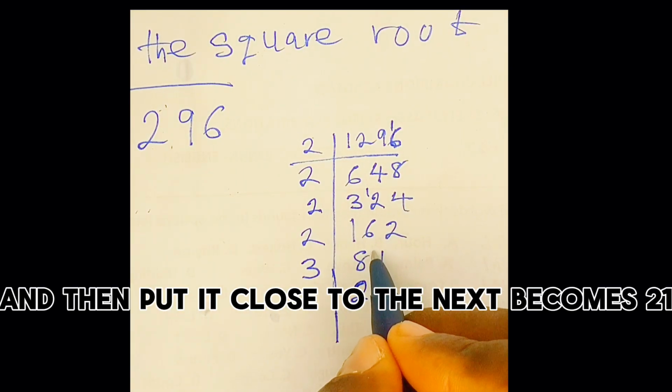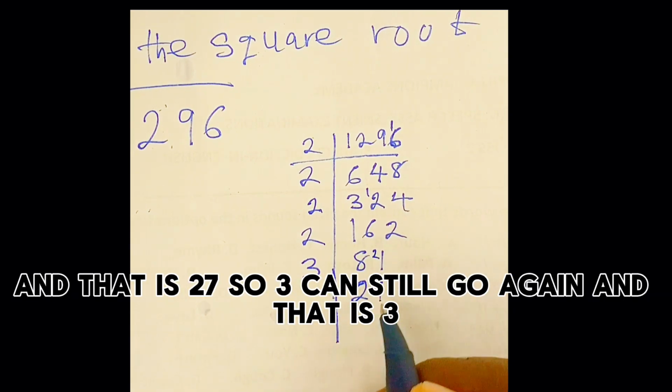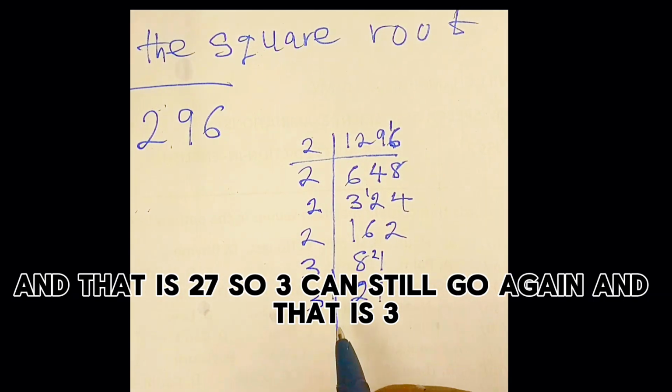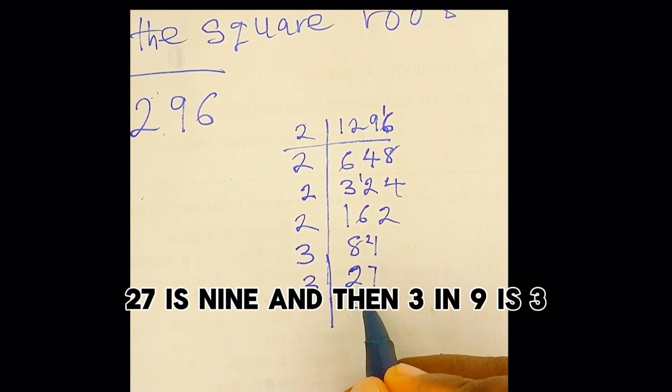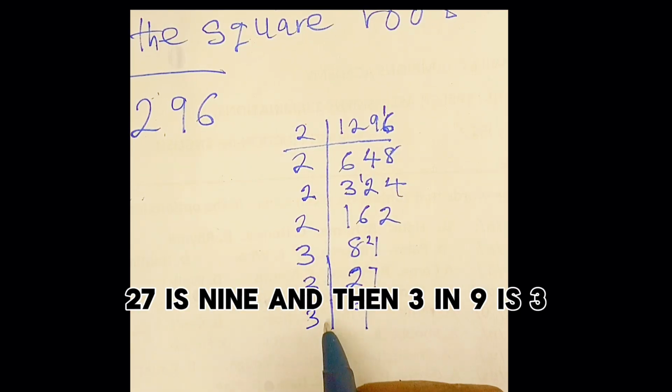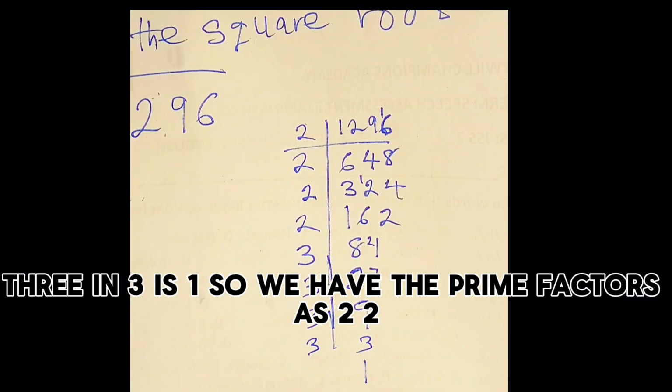And then put it close to the next, it becomes 21, and that is 7. So 3 can still go again, and that is 3 in 27 is 9. And then 3 in 9 is 3, 3 in 3 is 1.